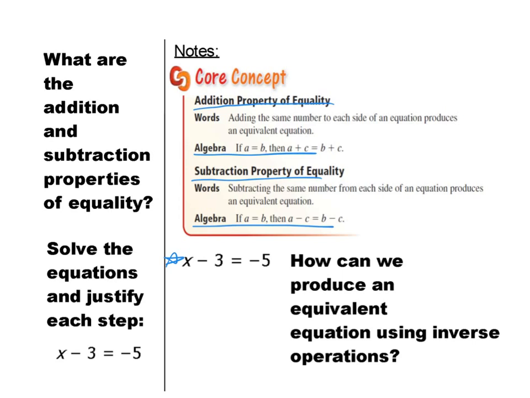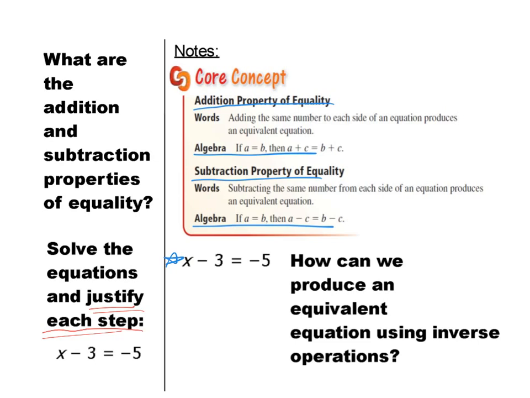Now, the other new thing that you might not be used to doing is justifying each step. And that's really important that you become familiar with that, because in geometry especially, you're going to have to justify or prove your arguments. So we want to prove that the solution to this is -2. To do that, I'm not only going to write down those inverse operations, I'm also going to write down the properties that those inverse operations fall under.